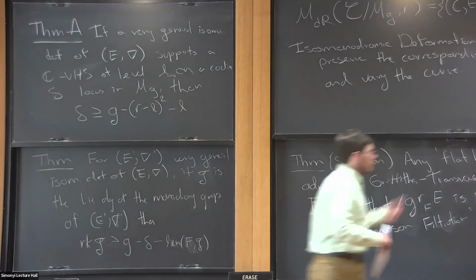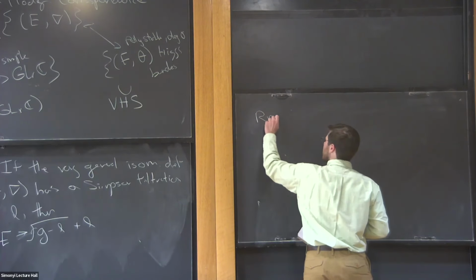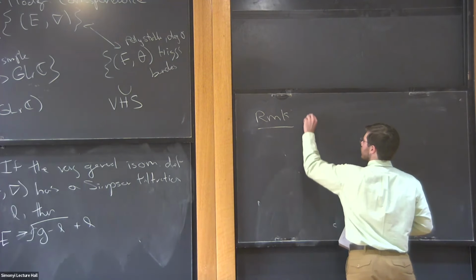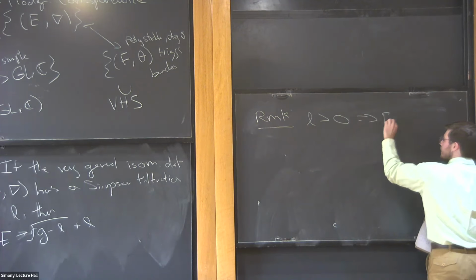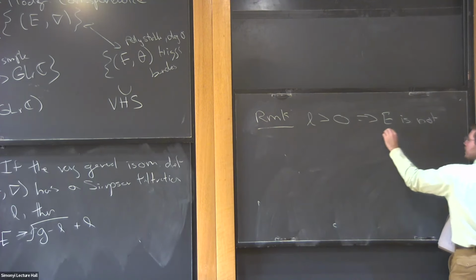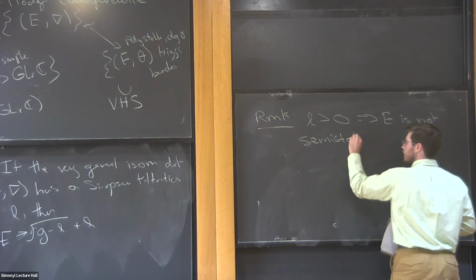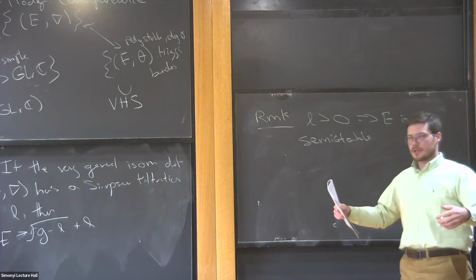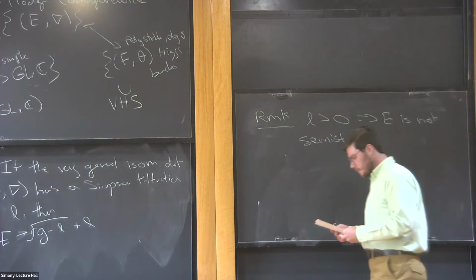So the remark perhaps is that length greater than 0 implies that E is not semi-stable. The reason for that is that the deepest piece of the Hodge filtration or the Simpson filtration is going to be destabilizing.